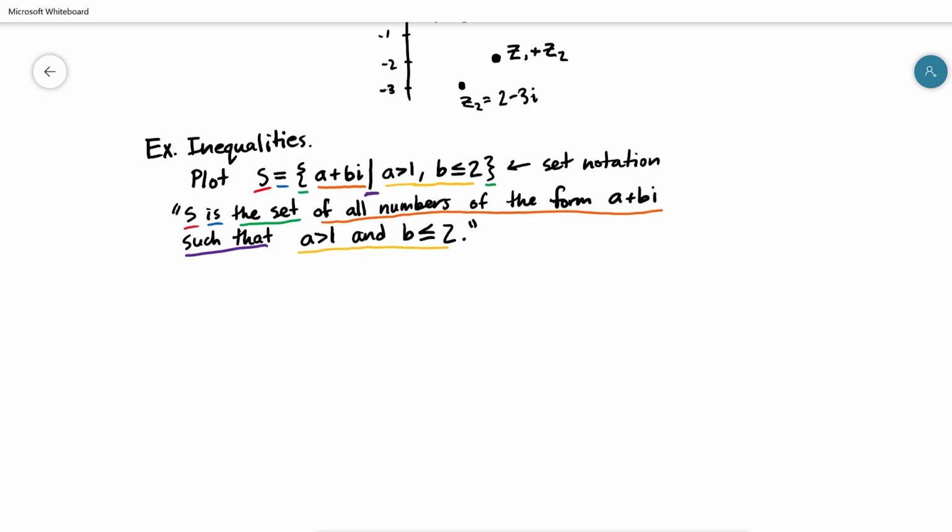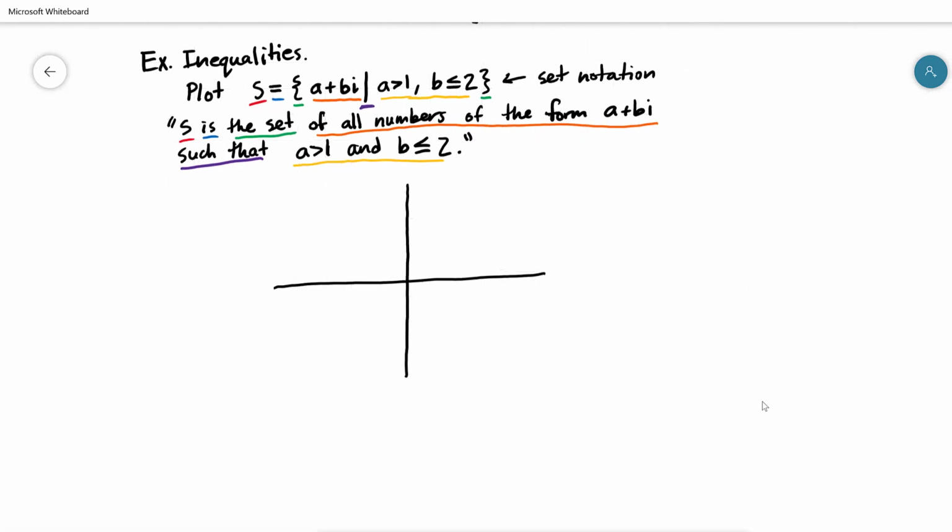So that's the idea. We are wanting to plot the set of all these complex numbers where the real part of the number, the a, is greater than 1, and the imaginary part of the number, the b, is less than or equal to 2. And so we can do that in the following way. We draw our axes. Let me label them.